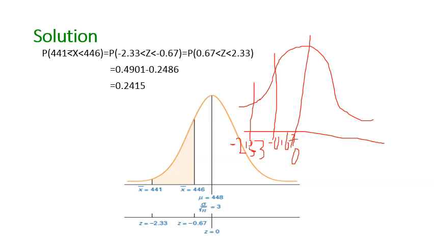This area in between is the same as the area on the right side, because the curve is symmetric.